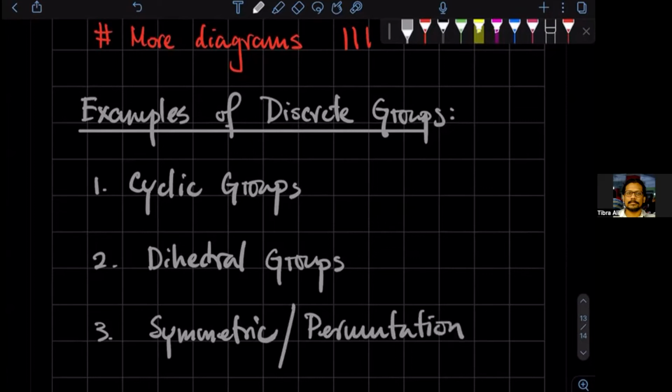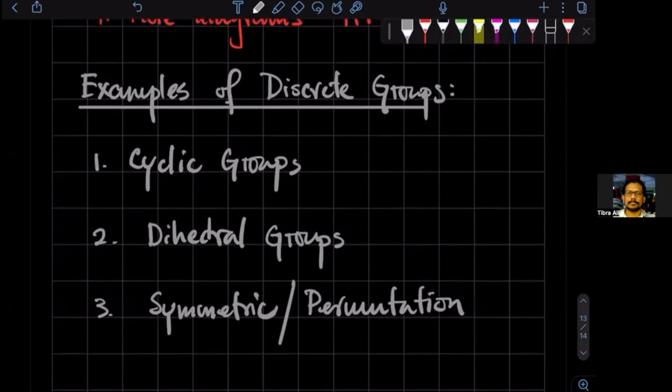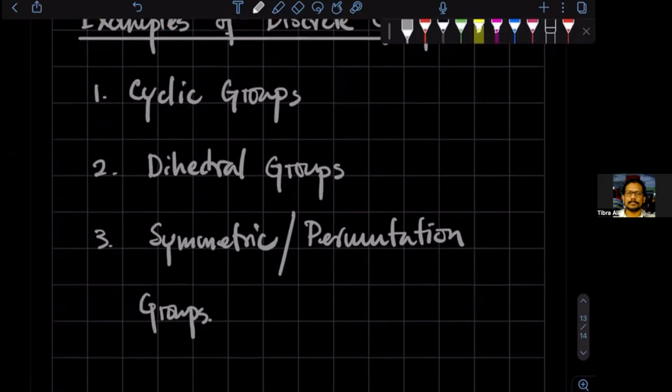They're actually not exactly the same, but they're related. I'm a little confused about the names there, but we'll discuss that.